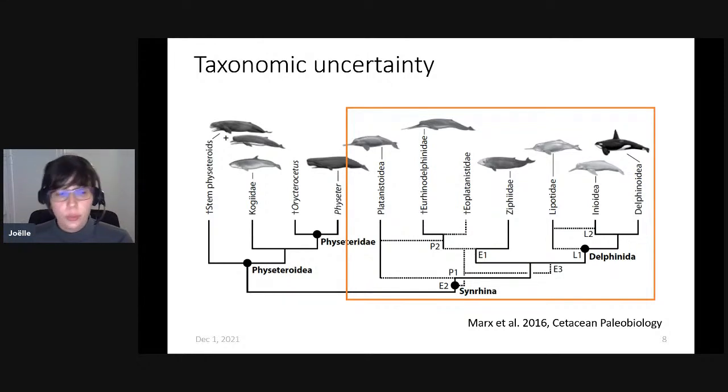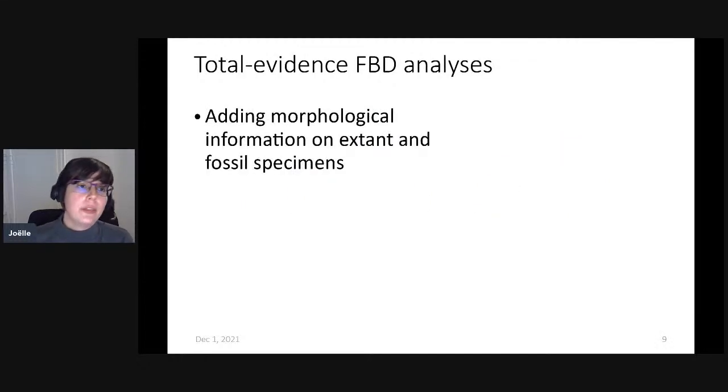And I might add that here we're looking at the crown group, but the picture gets obviously even more complicated when you're looking at stem groups, which are even more uncertain. So it's not ideal to have this sort of constraints that can't readily accommodate uncertainty. So there's another approach that is usually called the total evidence FBD analysis. And the idea behind that is to add morphological information on extant and fossil specimens.